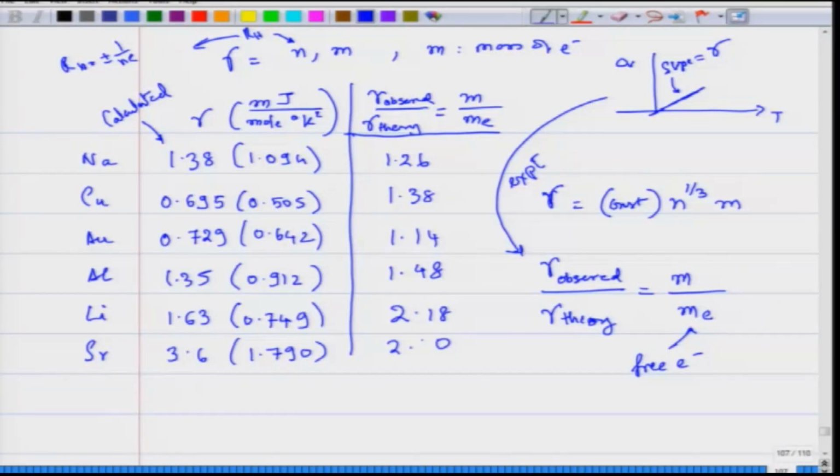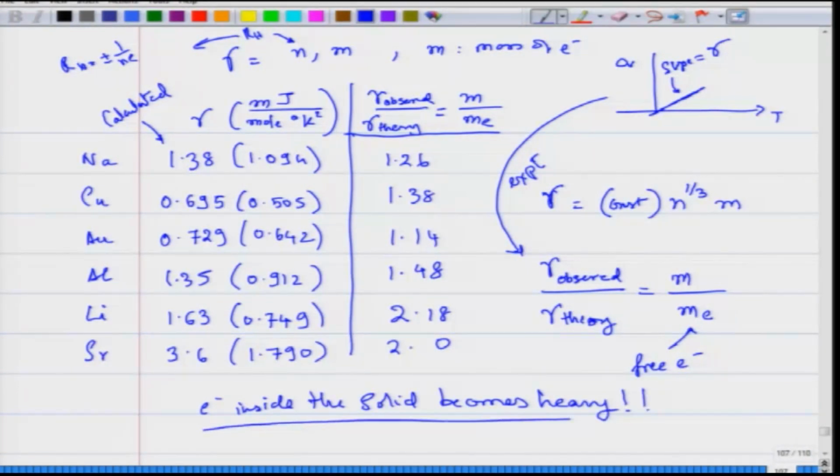So, you can see that in certain materials, the electron inside the solid becomes heavy, because the actual mass of the electron is approximately twice the mass of the free electron. So, compared to the mass of the free electron, it looks like the m actual, which is what you get in an experiment, is almost twice that of the free electron in some metals.